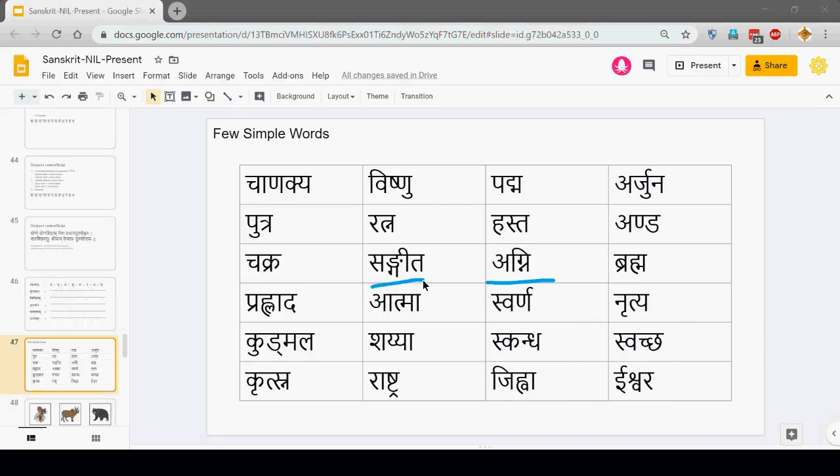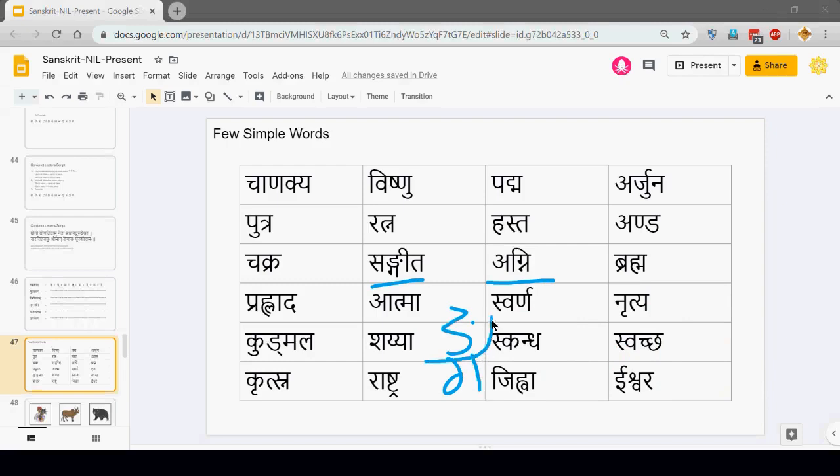So here in the Sangita, note that it is top to bottom, but because nga is a short stem, there is no vertical line in that letter, so it is just shortened there, the top and the bottom. The following consonant is written at the bottom, like g.